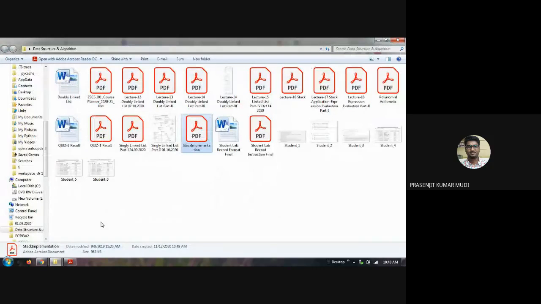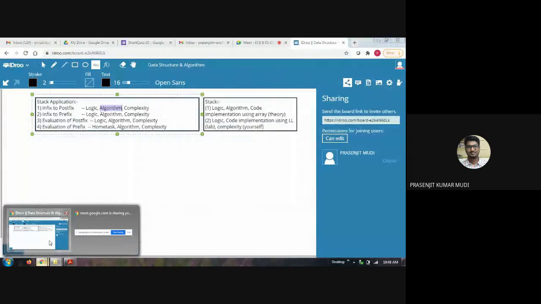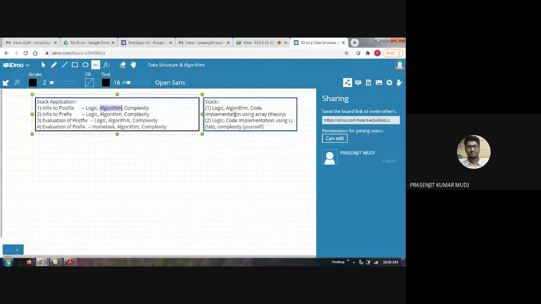I will share the stack lecture note, from which you can get the idea of writing the algorithm. I think you have already written the algorithm, because stack is already done in the lab, and you have done the complexity analysis. Now as a cross check, you can refer to my lecture note.